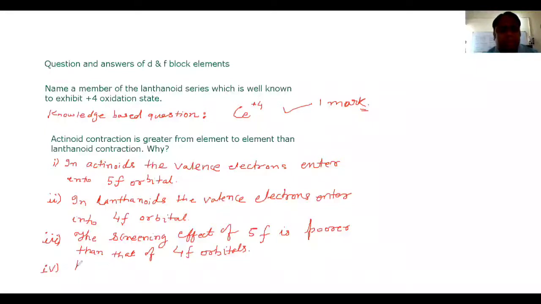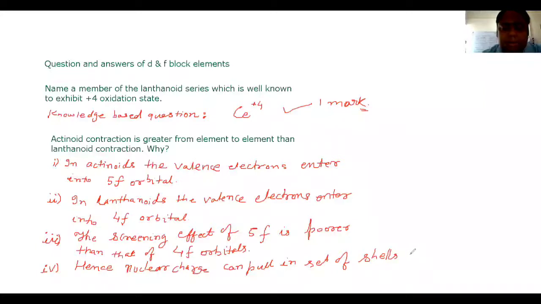Fourth, hence nuclear charge can pull in the set of shells like 7s2, 6d 0 to 2, and 5f 0 to 14, with more effect.